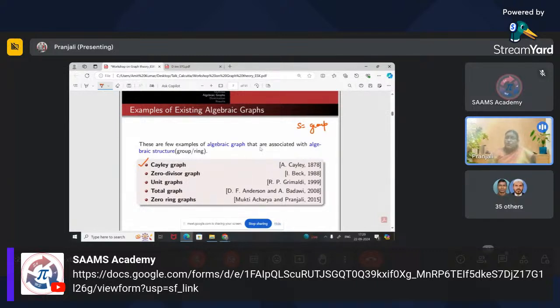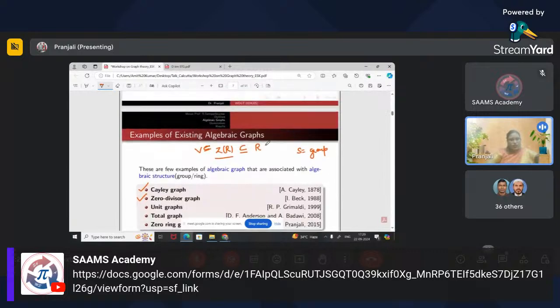Secondly, the zero divisor graph, which was defined by Beck back in 1988, is also an algebraic graph by definition, as the vertex set of the zero divisor graph is the set of zero divisors. Here the ring has been taken as the algebraic structure. So the zero divisor set is a subset of R, and here V is Z(R), so the first condition is fulfilled.